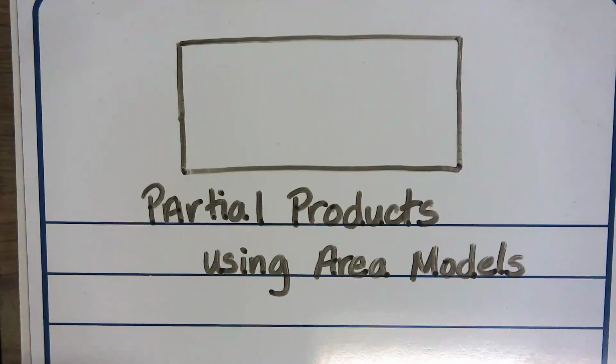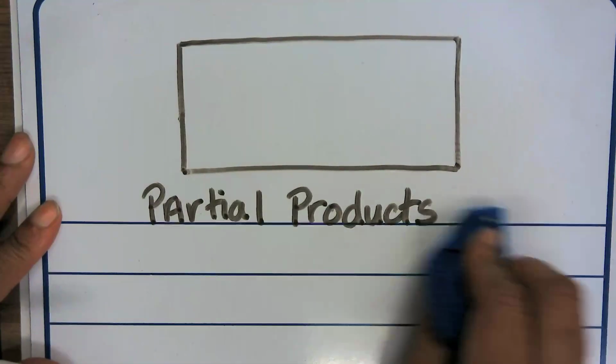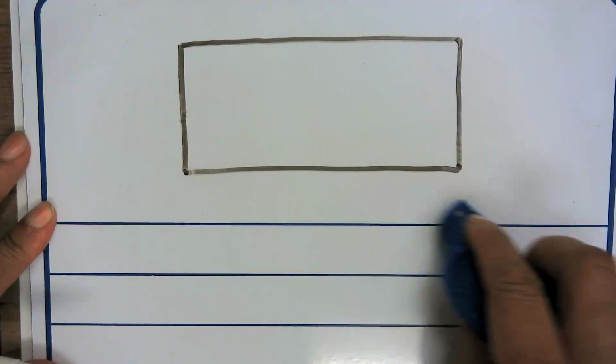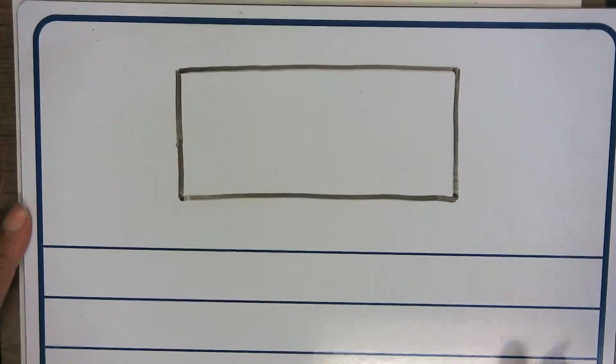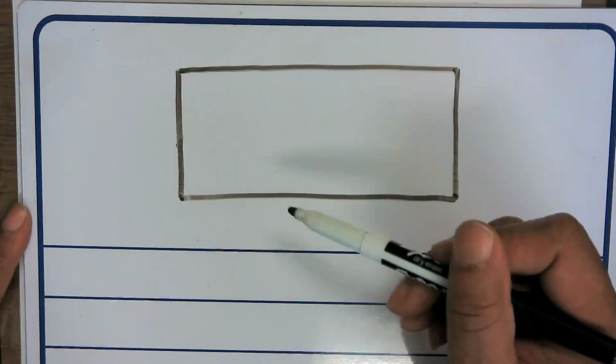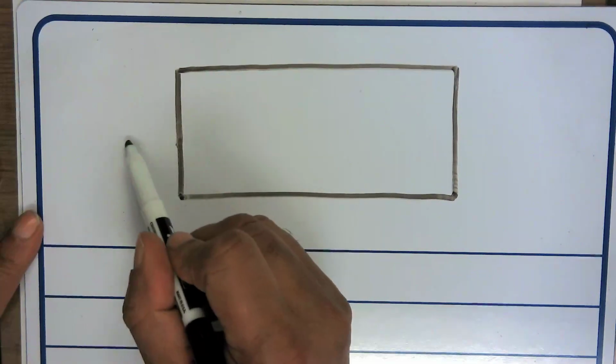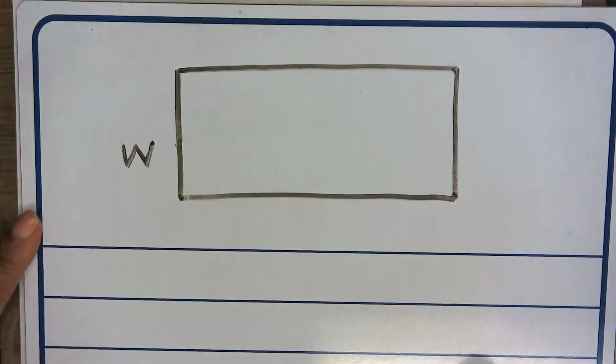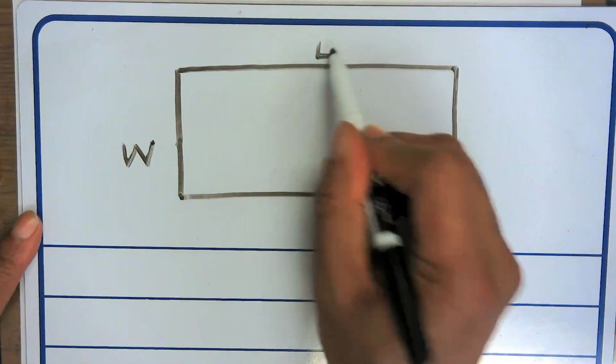Now, in our learning, you learned that in a rectangular model, you have width and you have length.